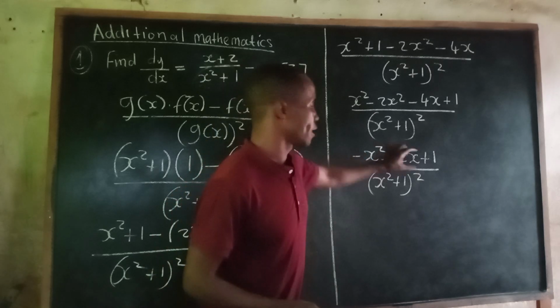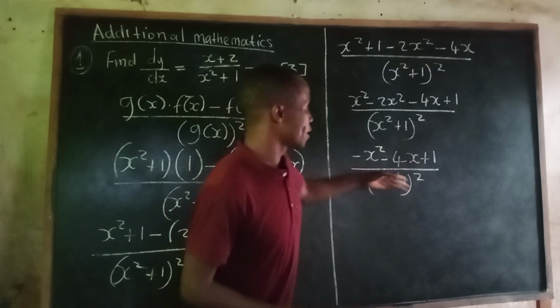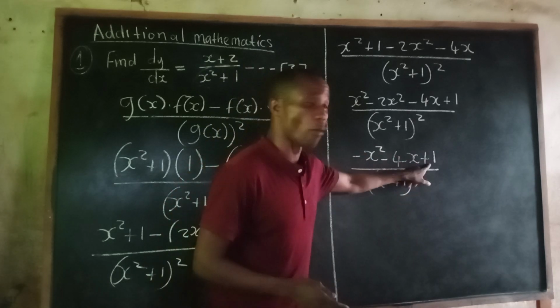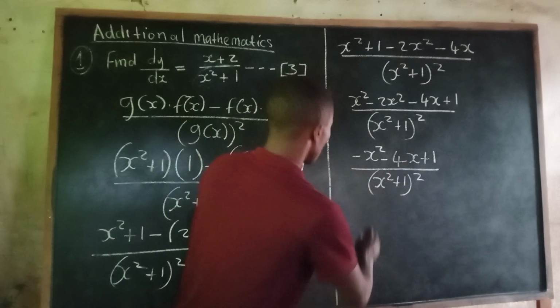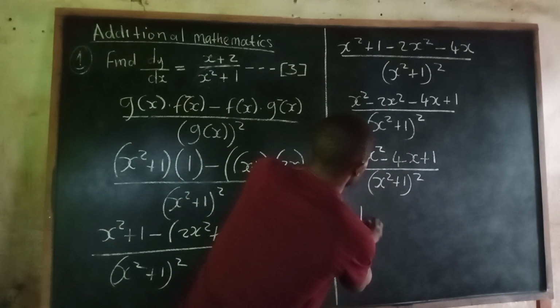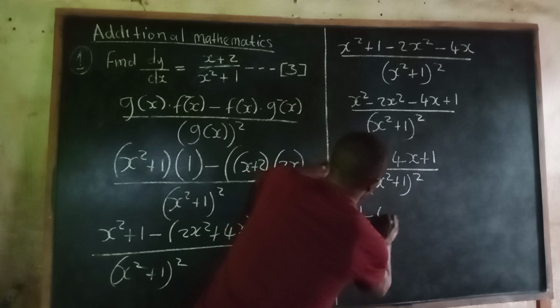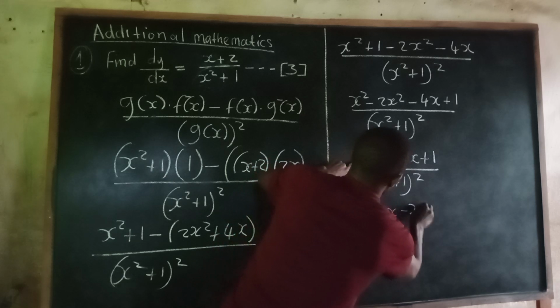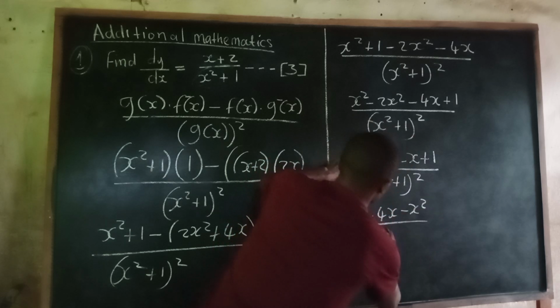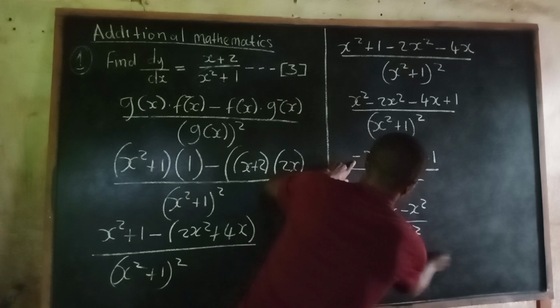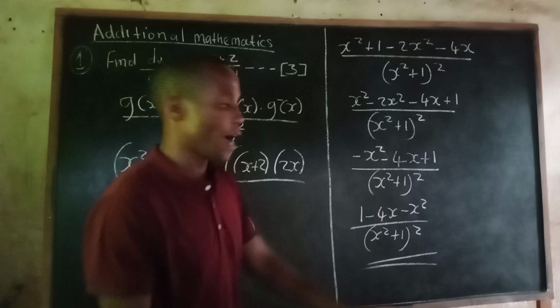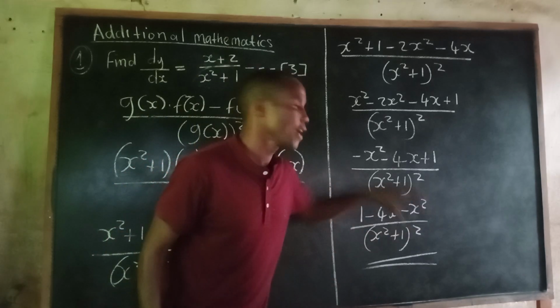The only term on top with a positive sign is 1, so we rearrange: 1 minus 4x minus x², over (x² + 1) squared. Hence, our final answer is this one.